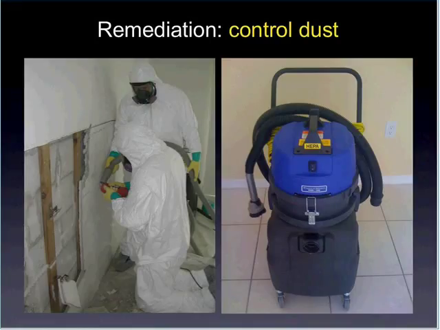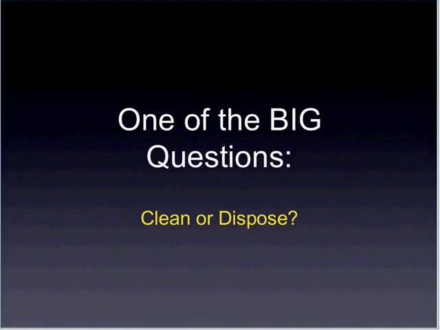They're using a HEPA filtered vacuum cleaner to remove the dust as soon as it's generated. This is a HEPA type vacuum cleaner. Shop vacs do not have any place in mold remediation, only those with HEPA filters, because with a shop vac or other non-HEPA filtered vacuum cleaners, more spores are likely to go out the back end of the vacuum cleaner than to be retained by the filter.